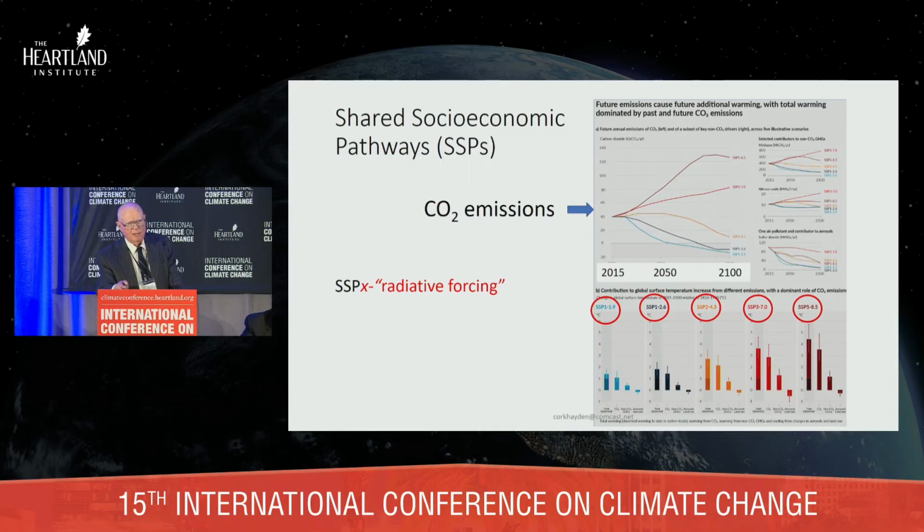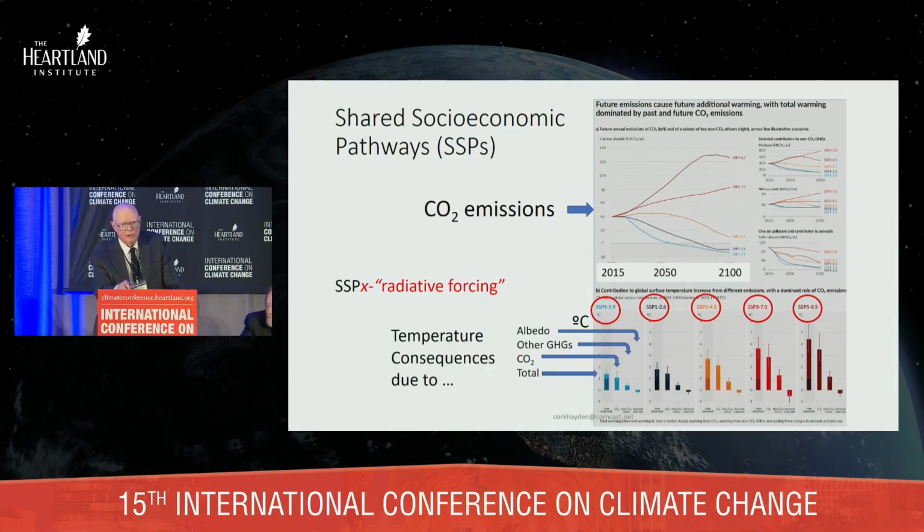And the SSPs are followed by a 1, a 2, a 3, a 4, or a 5, according to those 5 different scenarios about how much CO2 we would be emitting worldwide. Then there's a dash, and then there is the radiative forcing after that. Well, I'll get to that. You'll get to see it a little bit later. Don't worry about the fact that you can't read it, because I'll show you one you can read.